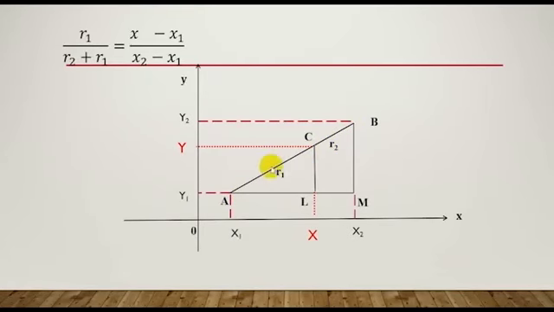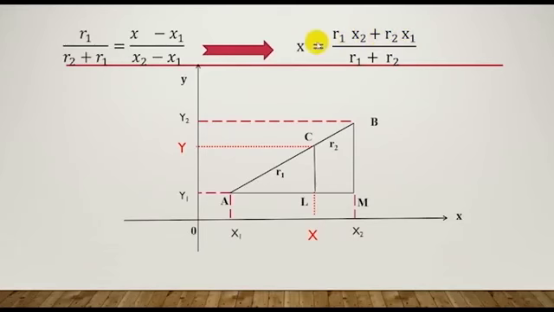So with the division, R1 over R1 plus R2 will be equal to, for X, X minus X1 over X2 minus X1, and this will give me X. So if I have X1, X2, R1 and R2, I can get X from this formula.